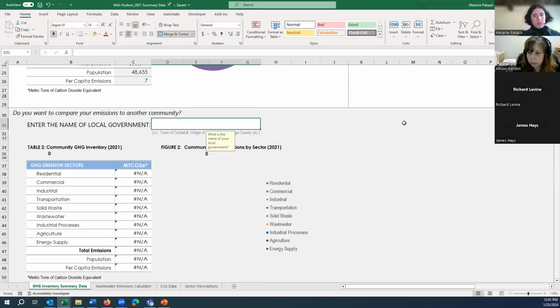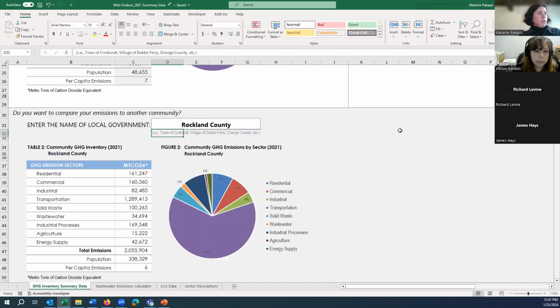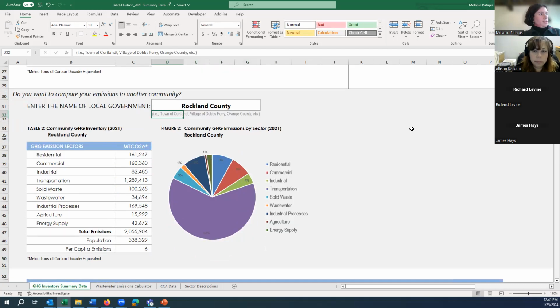So if you're interested in comparing to the county that you're in, then you can see how your town or your municipality's emissions compare against the larger county data.